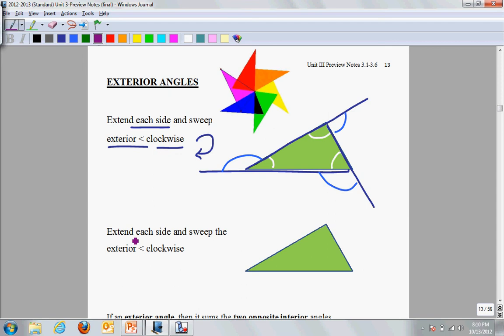Now this one says extend each side and sweep, which should be counterclockwise. So you can see it can go both ways. Counterclockwise, which is against the clock, so that's towards the left. So let's extend.